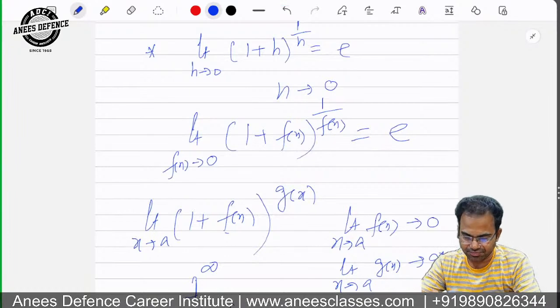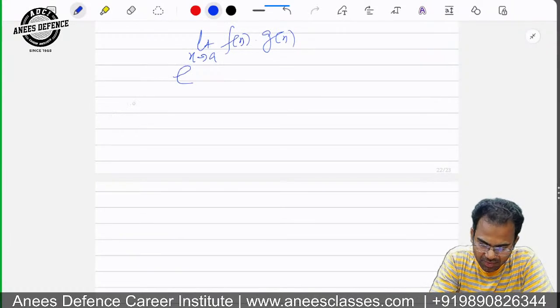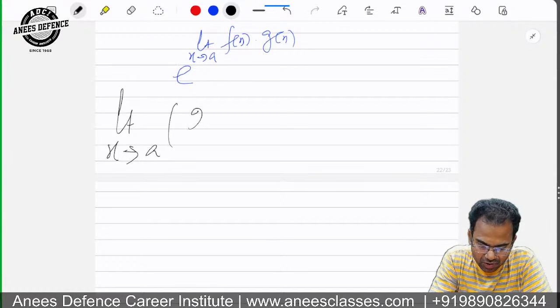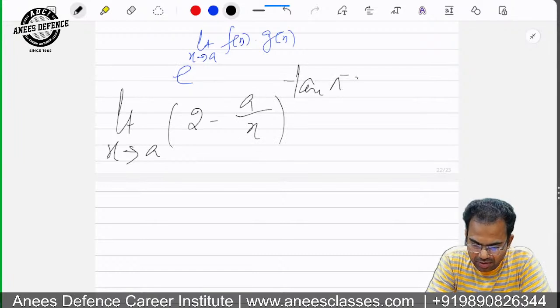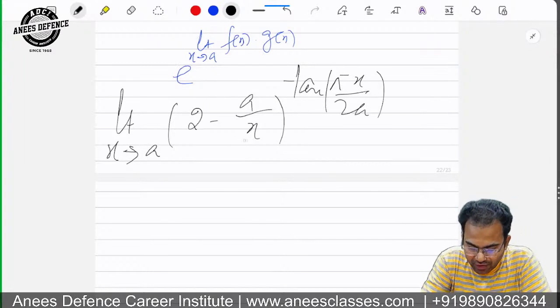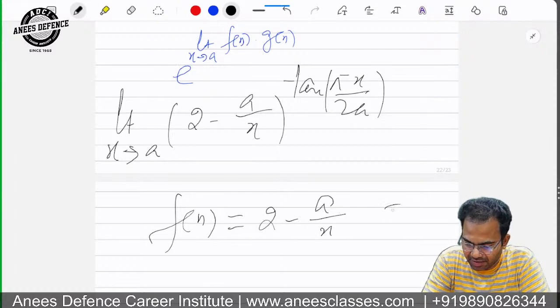Okay. Right. Now I will solve the question. Limit x tends to a, 2 minus a upon x whole to the power tan pi x upon 2a. If you put x equal to a, f of x is 2 minus 1, you will get 1.